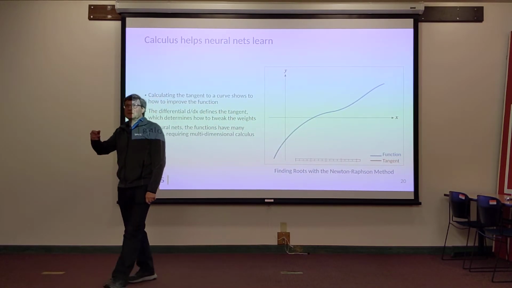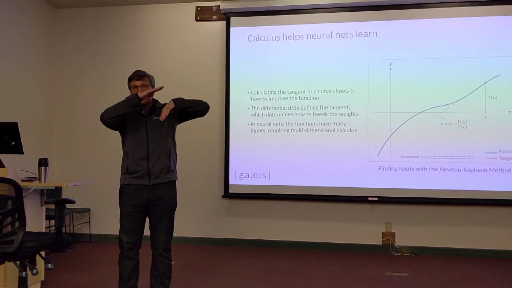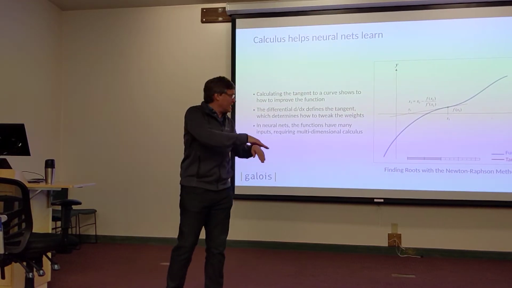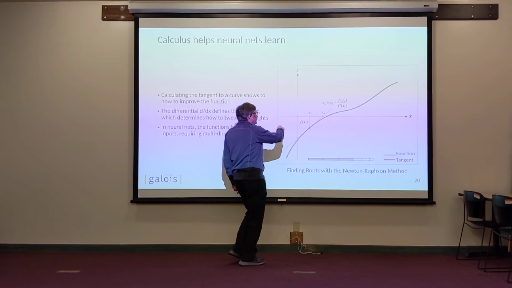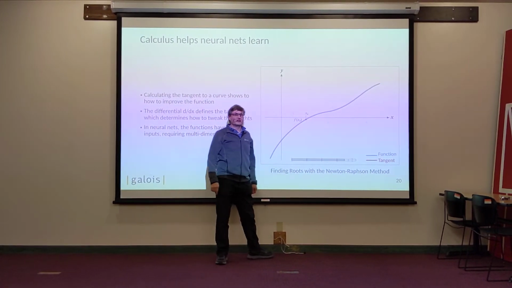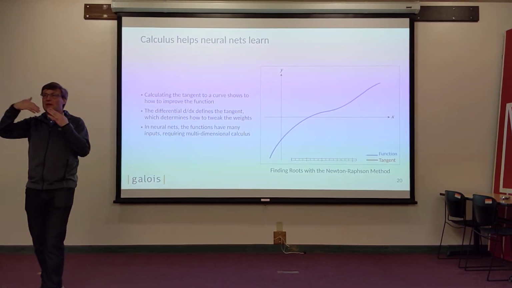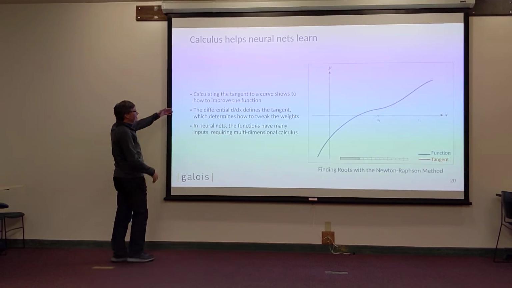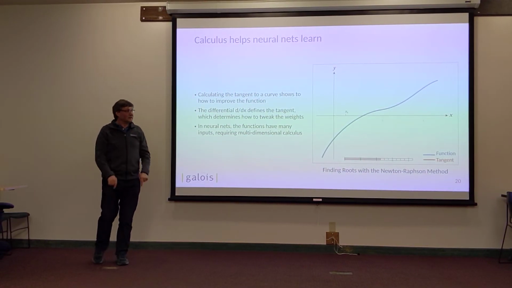And Newton-Raphson says, keep looking at the curve, do the calculus on it to find out how steep the curve is at that point. Follow that down to the axis, and use that to find the next place, and just keep iterating. And it's a pretty good way of finding roots of functions where you don't know where they're going to cross the axis. So in Newton-Raphson, calculating the tangent to a curve shows you how to find the root.